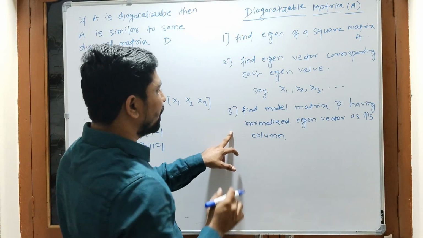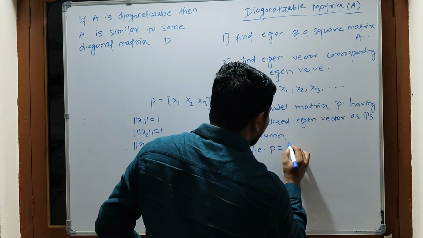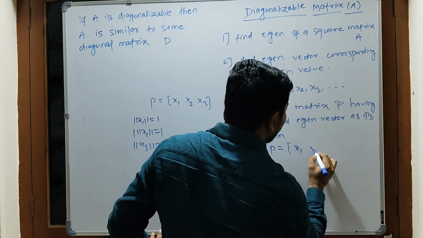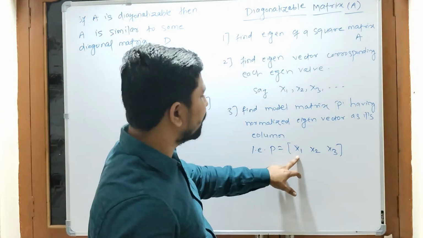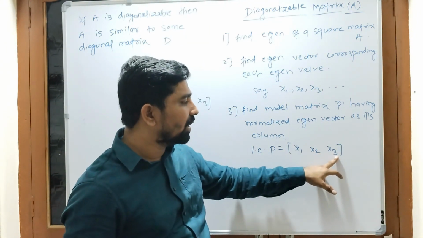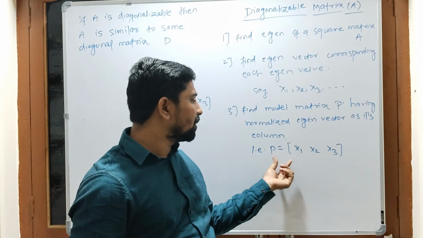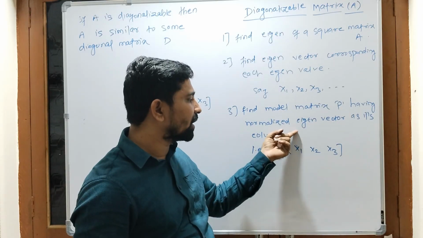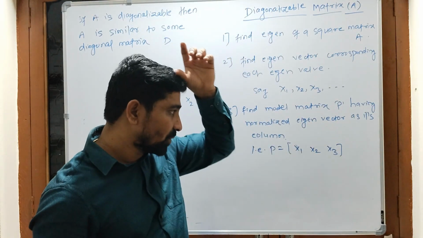Here I will write P equal to x1, x2 and x3. If these are normalized, meaning the length of x1 is 1, length of x2 is 1 and length of x3 is 1, then keep it as it is. Keep the modal matrix P having column 1 as eigenvector x1, column 2 as eigenvector x2 and column 3 as eigenvector x3.